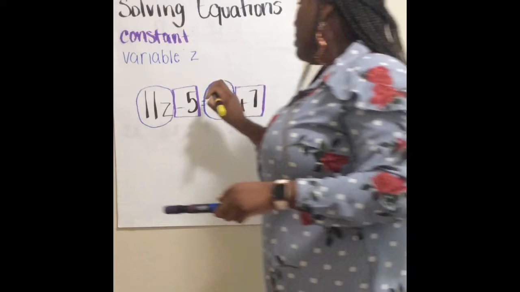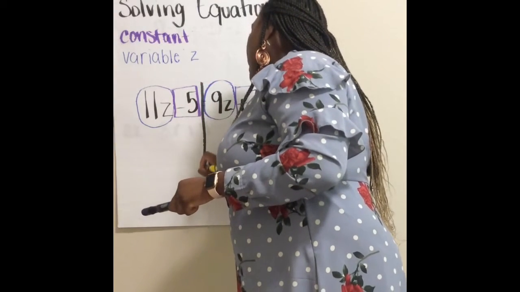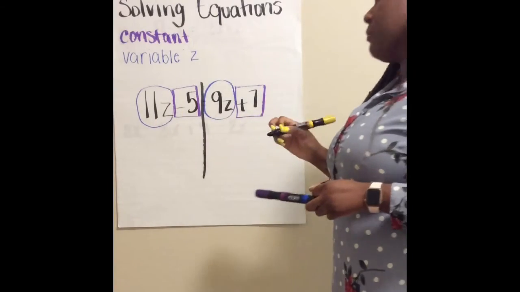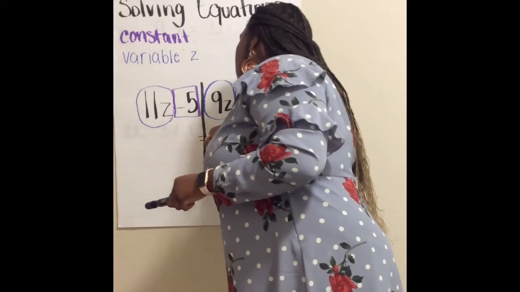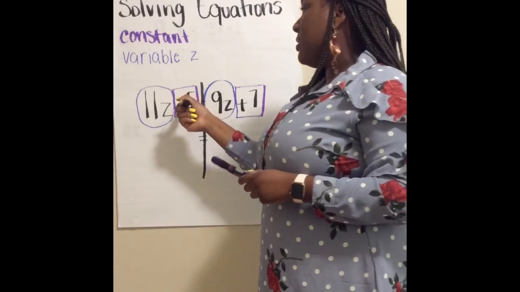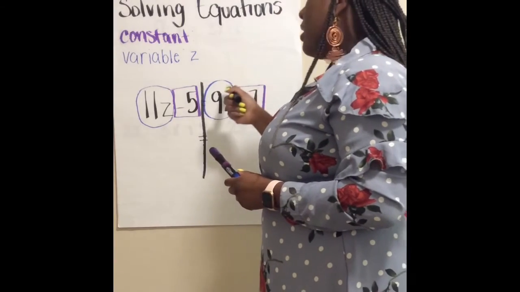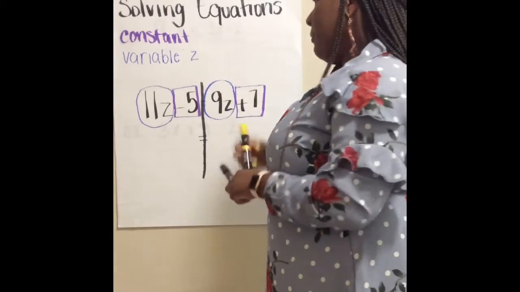You need to draw a line straight down the equal sign because we're going to be working across the equal sign. This line lets us know that it's an equal sign. You want to get all your constants to the right side of the equal sign and all your variables to the left side. But we're going to work one by one.